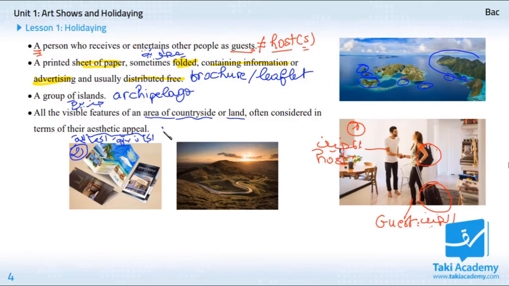So we're talking about landscape. Or we can say scenery. Or we can say scene. All of these mean منظر طبيعي. And of course, this is the picture that can match this definition. And this is number 3. All right, wonderful.